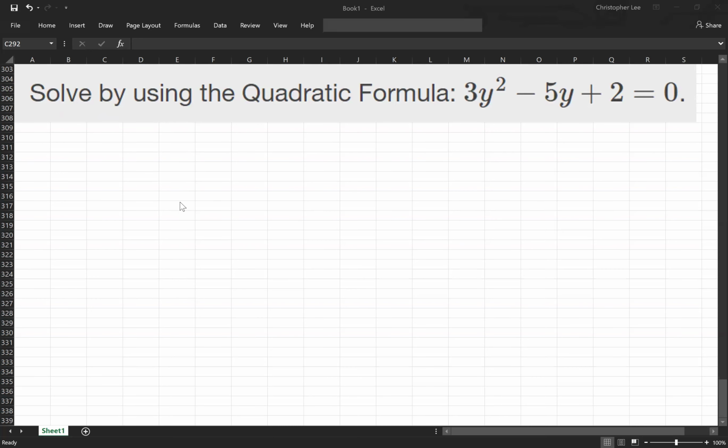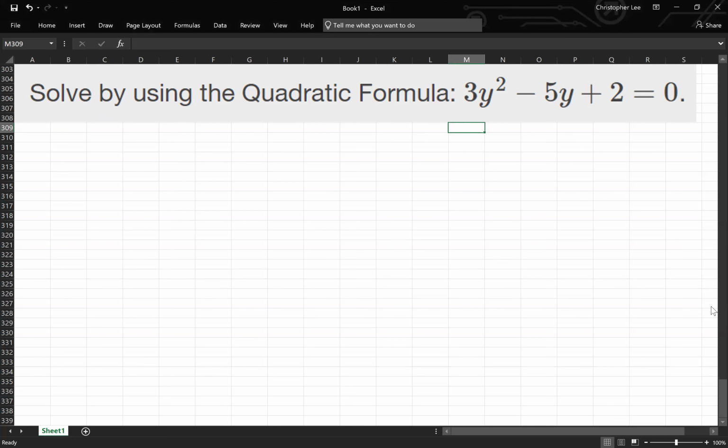All right, let's get this. First things first, let's remember what our standard form is. Standard form is ax squared plus bx plus c is equal to 0. My goal here is I want to identify in my equation what is a, what is b, what is c.